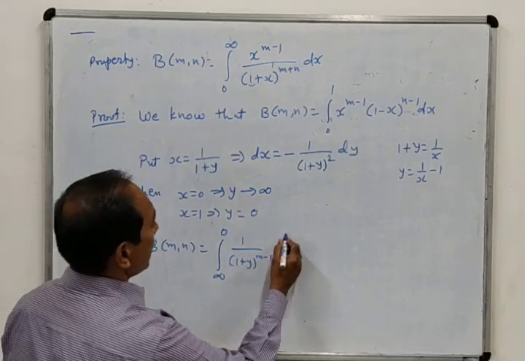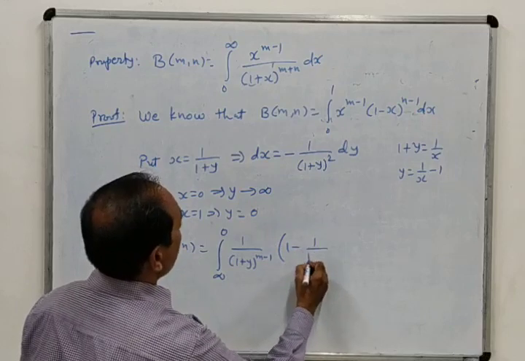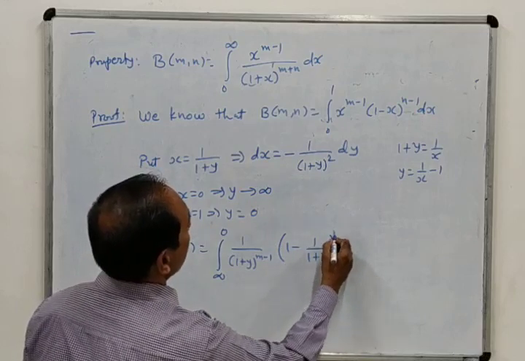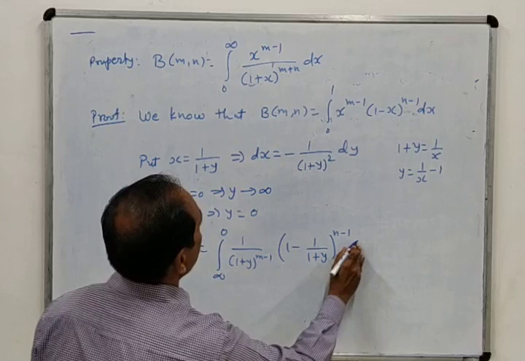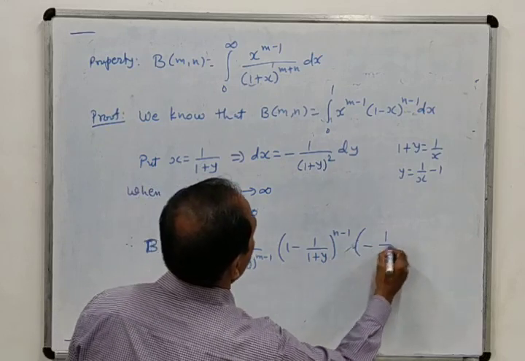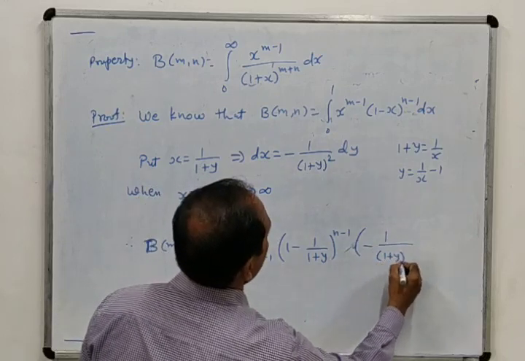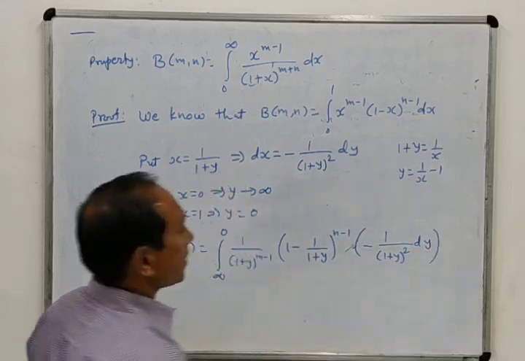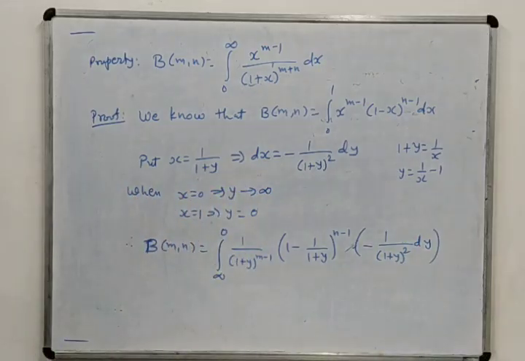And then it is 1 minus x, that is 1 minus 1 upon 1 plus y, whole raised to n minus 1, dx. But dx is what? Again minus 1 upon (1 plus y) whole square dy. So it is very simple. Simply you require to proceed with slight understanding and slowly, so that you can go in a correct way.